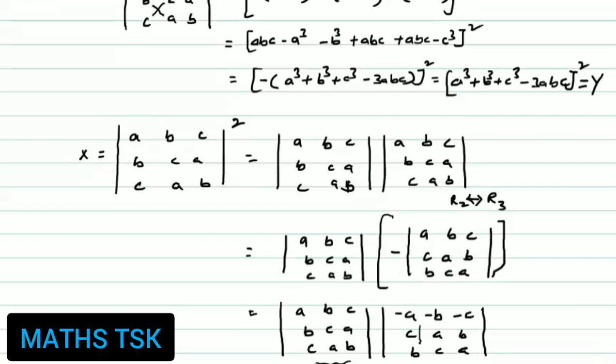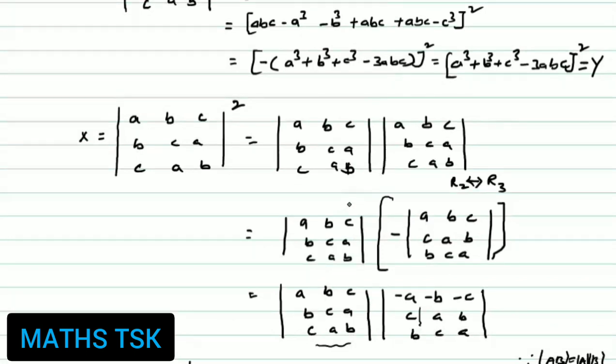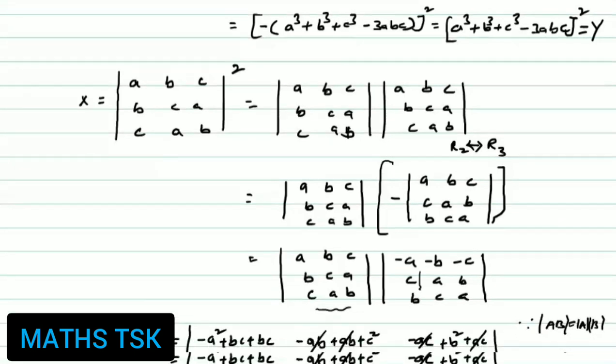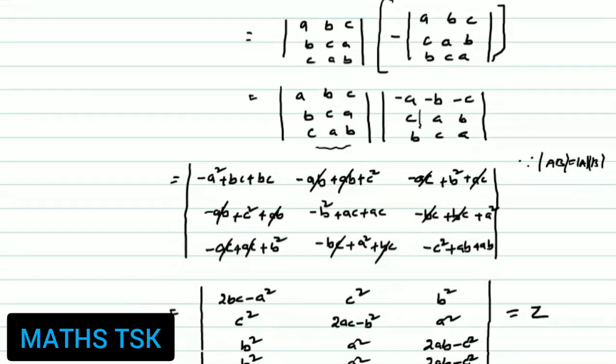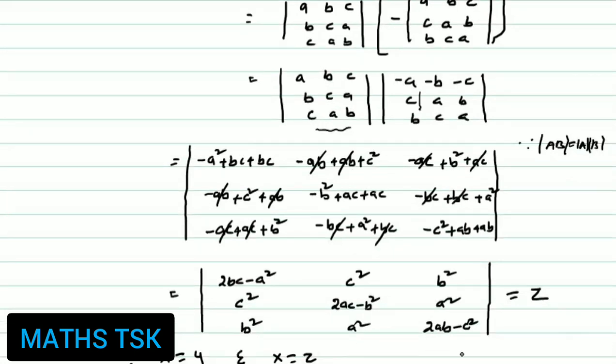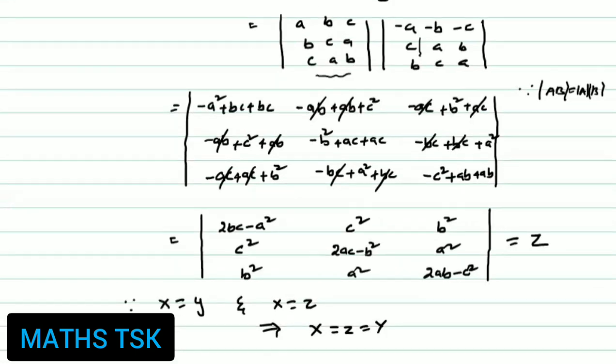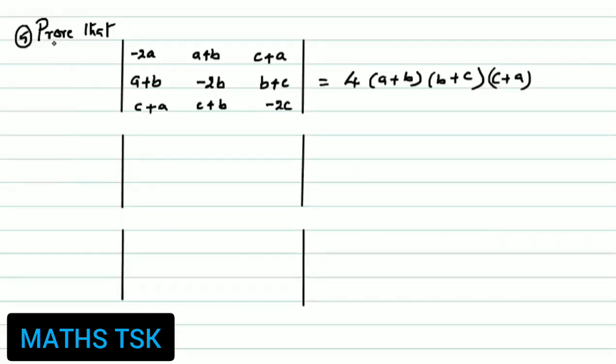I multiply minus to any of the rows, so I multiplied it into the first row. So now det A into det B is nothing but det AB. When I multiplied AB, I got the value of Z like this. So X is equal to Y and Y is equal to Z. Therefore X is equal to Z is equal to Y. And this is a very important problem you have to learn, an important 7 marks problem, given many times, very important.